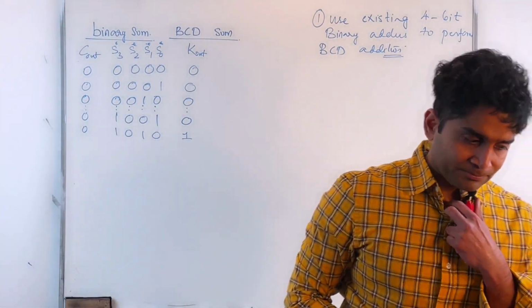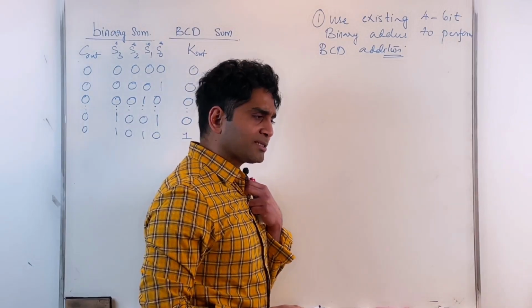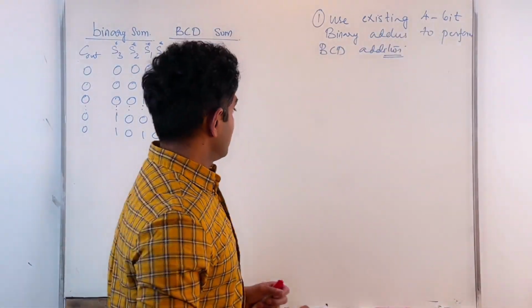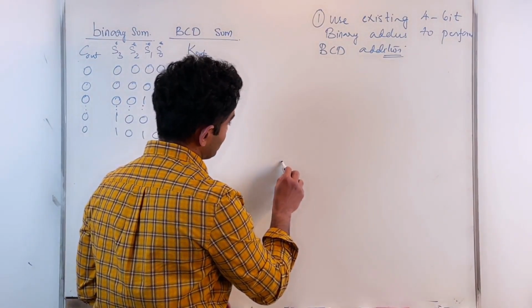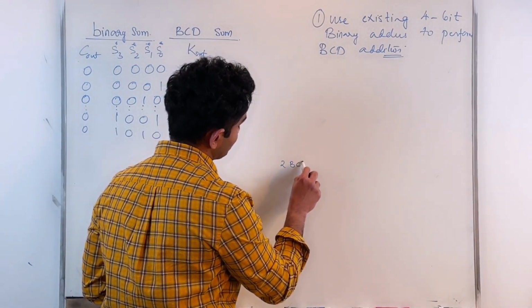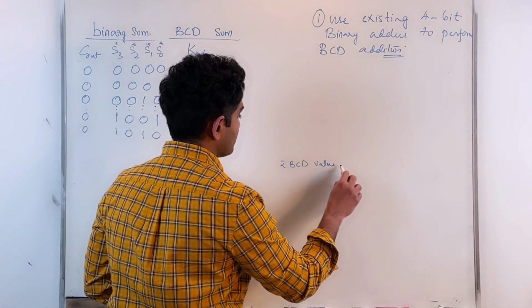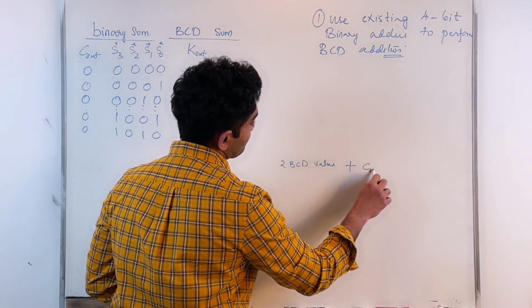Now, by the way, what is the largest sum I can get here? Remember, we are trying to add two BCD numbers together, BCD values, plus the C in from the previous bit.